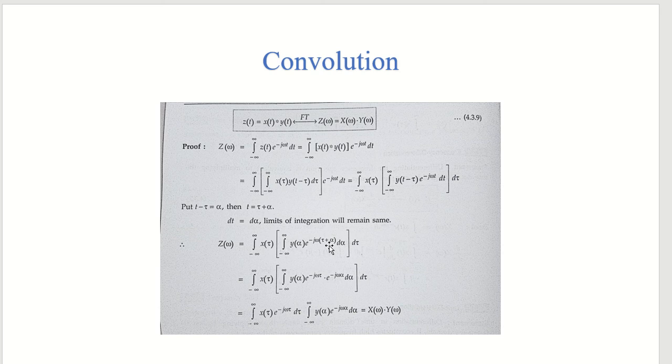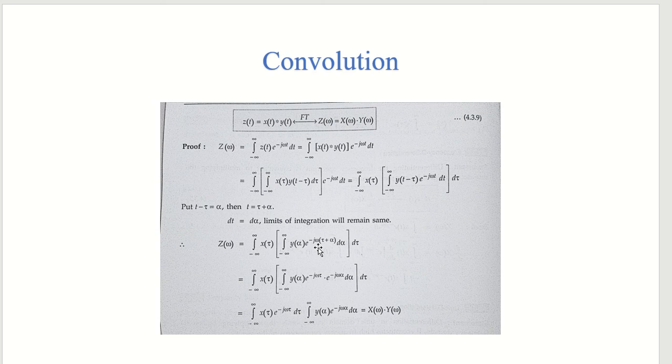And when we separate this tau plus alpha term, what will we get? We will get e raised to minus j omega tau into e raised to minus j omega alpha. After separating that, we can write both of them separately: integral from minus infinity to infinity of x of tau e raised to minus j omega tau d tau, and then, in multiplication, another integral from minus infinity to infinity of y of alpha e raised to minus j omega alpha d alpha.